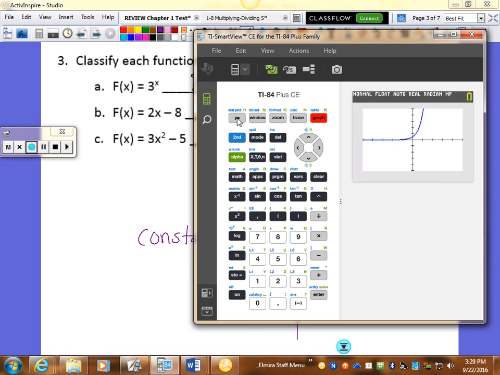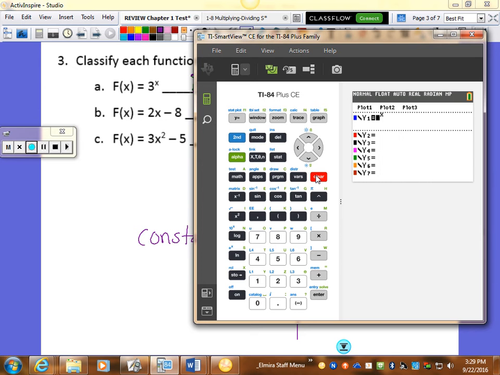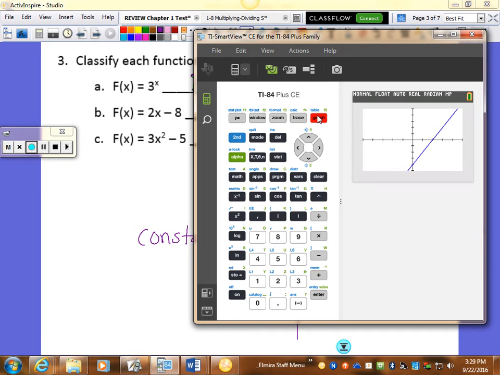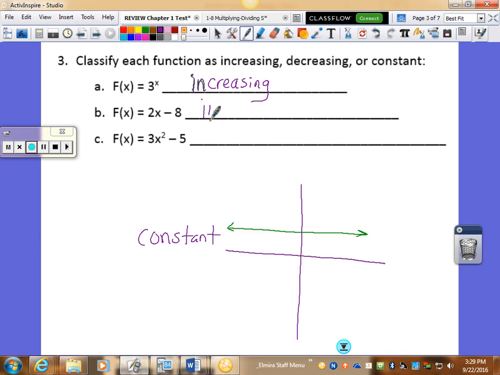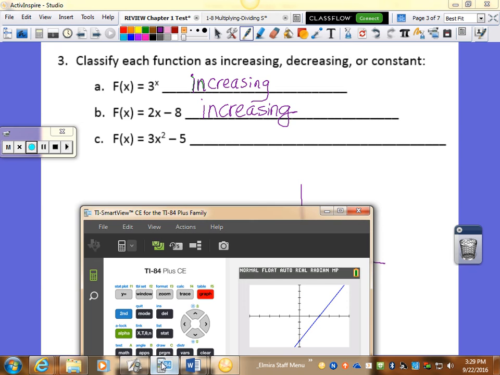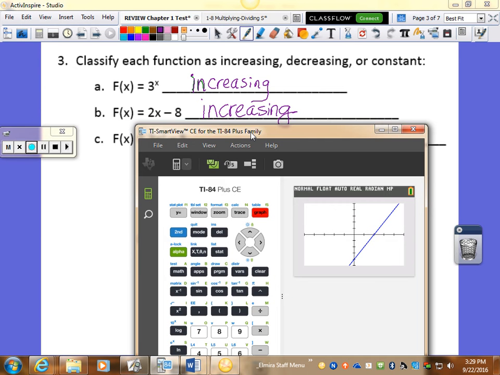All right, the next function, I'm going to clear out the old one, is 2x minus 8. Okay, that graph is also increasing. Okay, the graph went up.